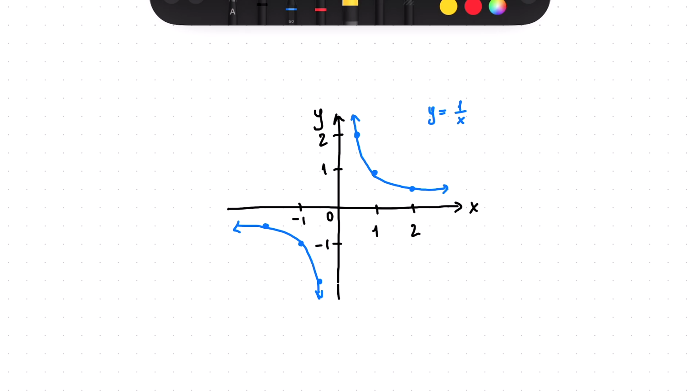Let's look at the graph of the function 1 over x. The graph actually exists in 2 different quadrants, the first and the third.